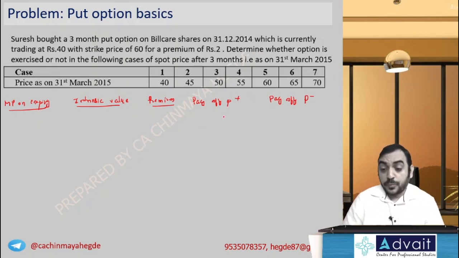And what is the formula for payoff for the holder? Always the formula for the holder is intrinsic value minus premium, whereas for the writer, it's always premium minus intrinsic value.